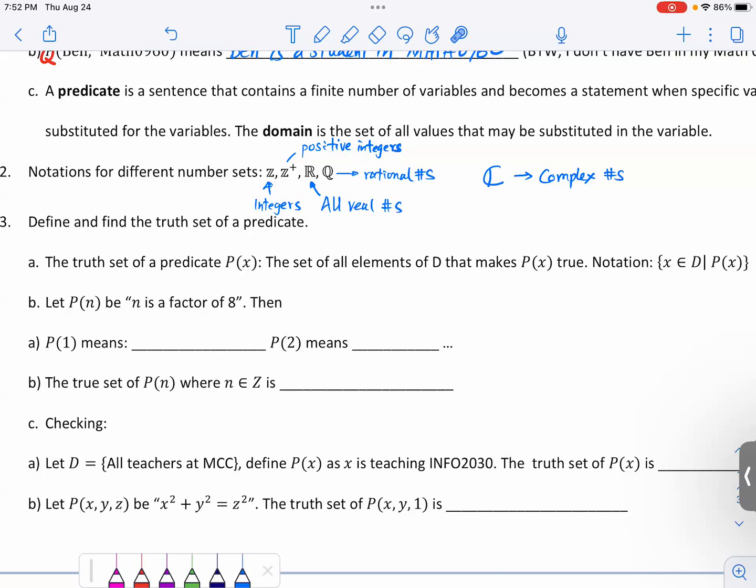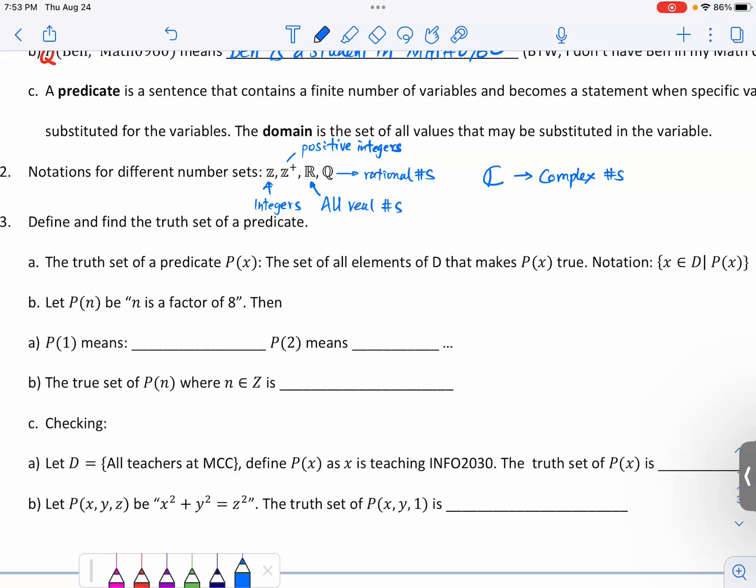For example, let P(n) be "n is a factor of 8." So when we say P(1), well, again, pause the video whenever you want to try yourself first.